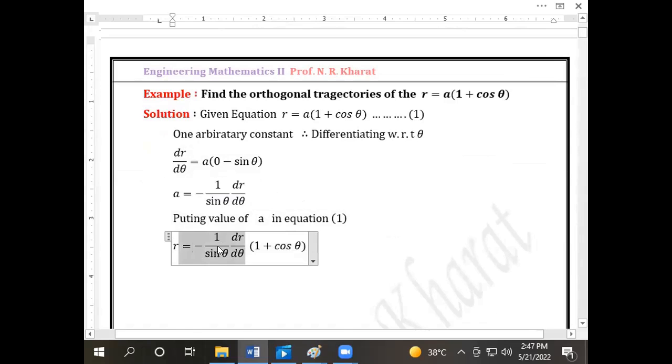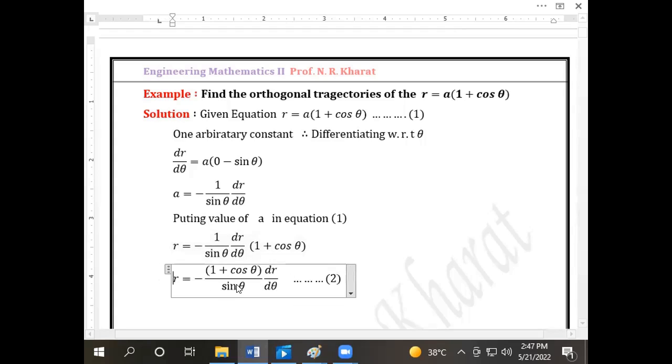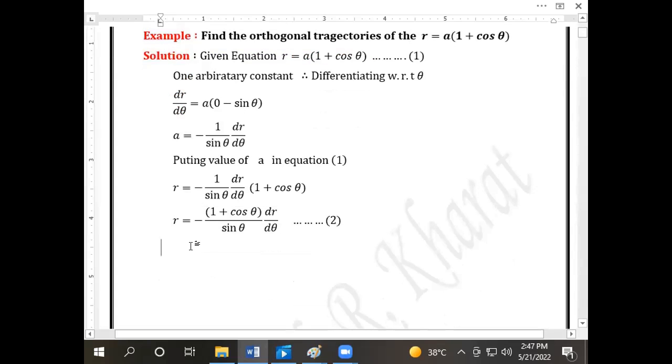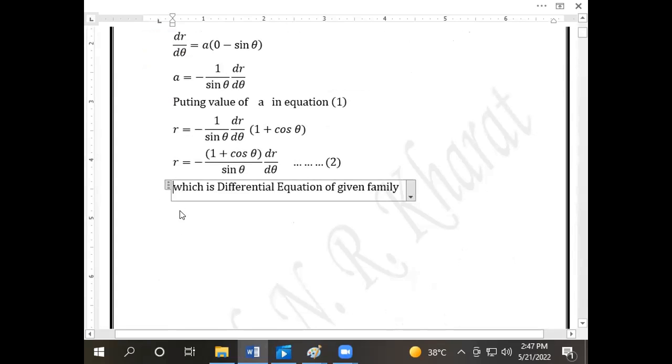So multiplying 1 upon sin theta to your bracket 1 plus cos theta, we got r is equal to minus (1 plus cos theta) upon sin theta dr upon d theta, which is the differential equation of the given family.